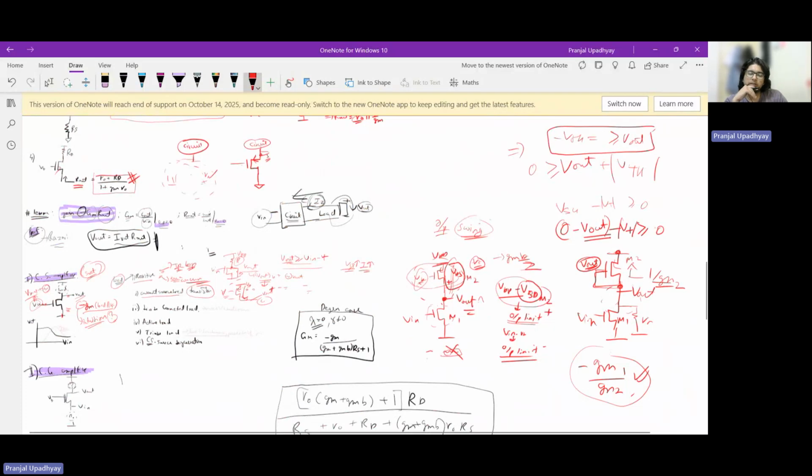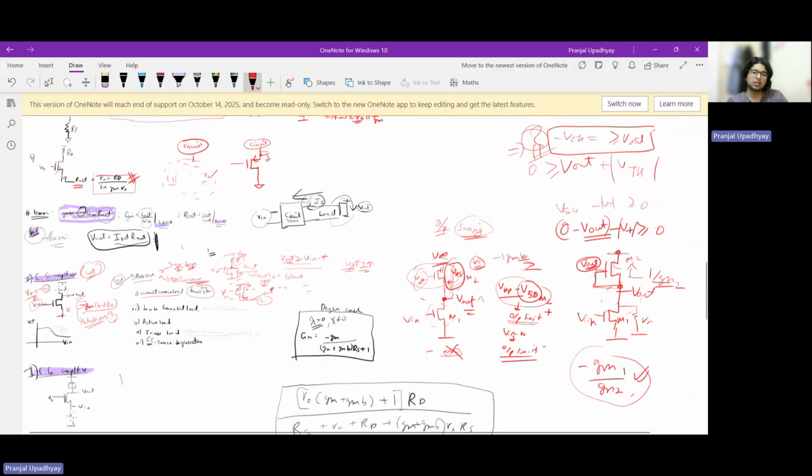Isn't this a very strange thing, that the upper limit of V out is limited in this way? That if I want the upper load device, the diode-connected device, to be on, this condition must be satisfied. Doesn't this seem very weird?